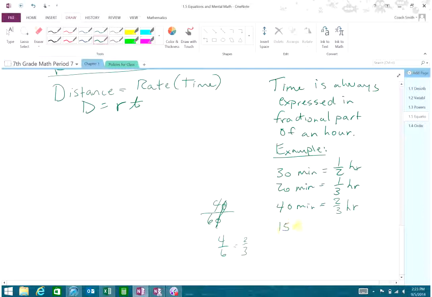What about 15 minutes? Quade? No, 15 minutes is how much of an hour expressed as a fraction? 5 over 3. Well, let's figure it out. You got to be able to figure it out. You can't just say, I don't know. How many minutes are in an hour? 60. So there's 60 minutes in an hour.